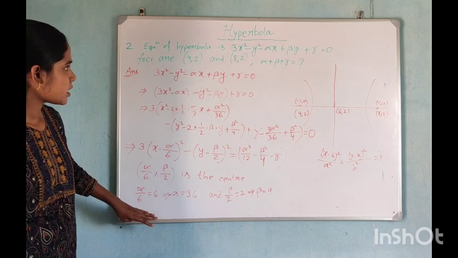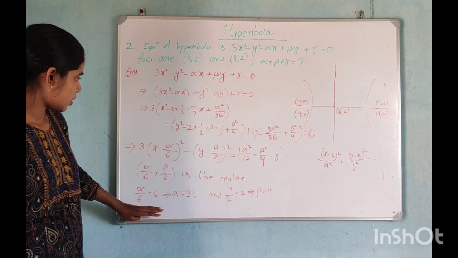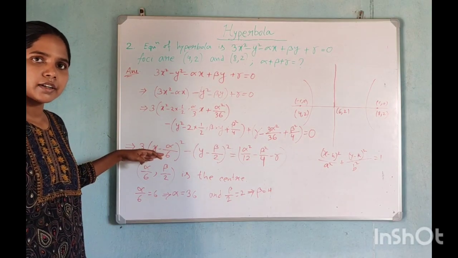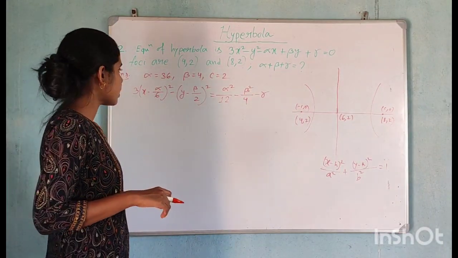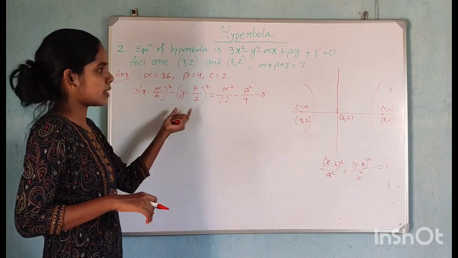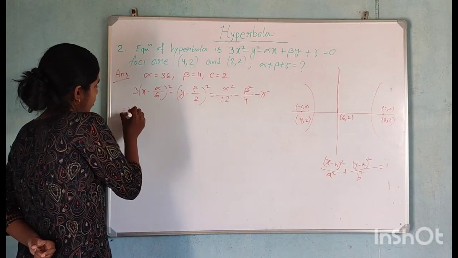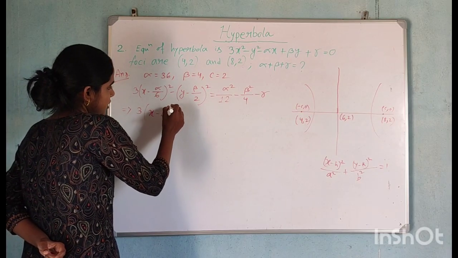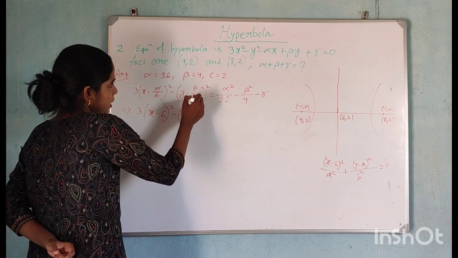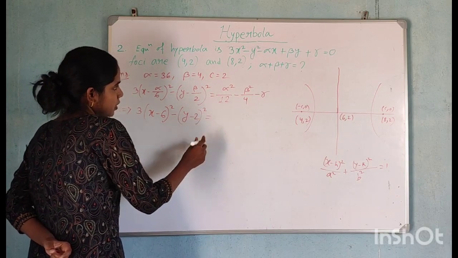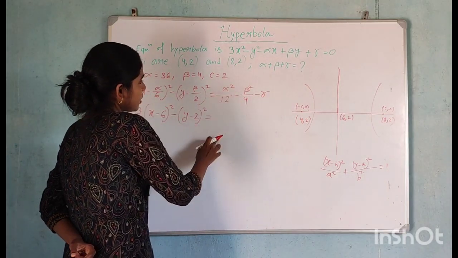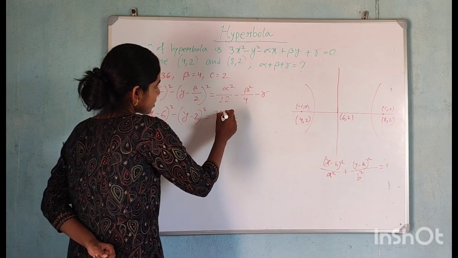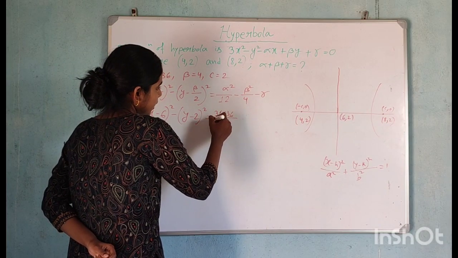Now because I need to derive the value of gamma, first we will put the value of alpha and beta here so that this equation can be simplified. So it will be 3 into x minus alpha by 6 means x minus 6 whole square, minus y minus beta by 2 means y minus 2 whole square, equal to 3 alpha square means 36 into 36, so we can cancel 3.